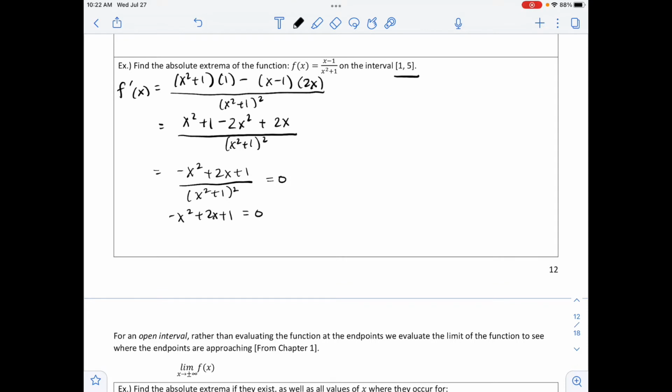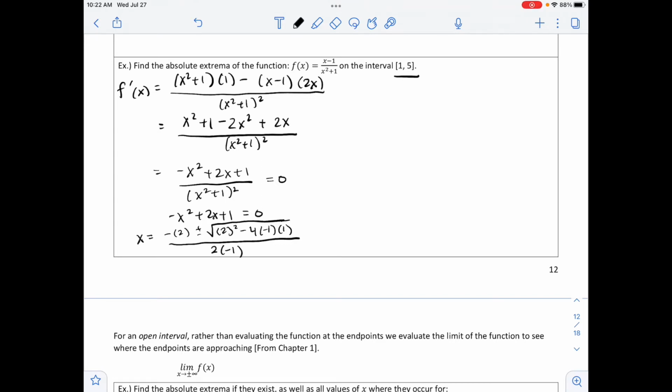Using the guess and check method, you'll see that this does not factor nicely. And so in order to solve this, we're going to use the quadratic equation. And so we have x equals negative b, so negative 2, plus or minus the square root of b squared minus 4 times a times c, all over 2 times a.